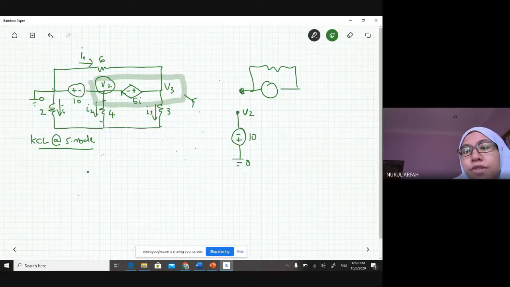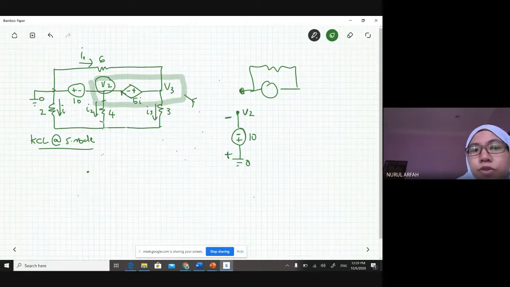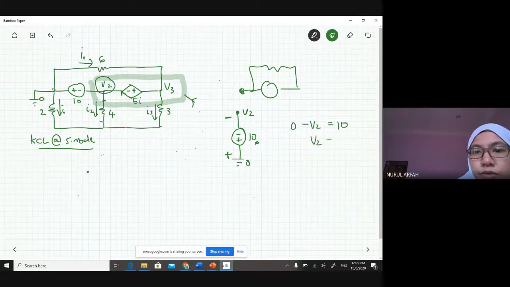I said that if you have this, the higher polarity minus the lower polarity is equal to the value. So 0 minus V2 equal to 10, which is V2 equal to negative 10. Do you agree V2 is equal to negative 10 then?